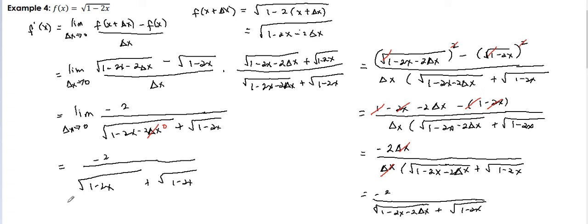Okay, so kagaya nung kanina, since meron tayong same term dito sa ilalim, we can combine them. Yung 1 square root of 1 minus 2x plus 1 square root of 1 minus 2x magiging 2 square root of 1 minus 2x. Ayan. Okay, kung titignan natin dito, we have negative 2 and we have here 2.